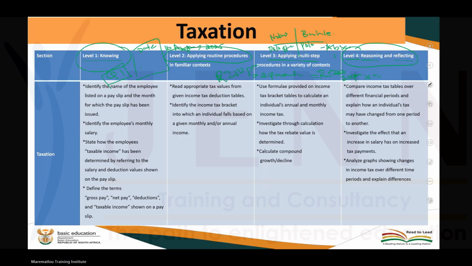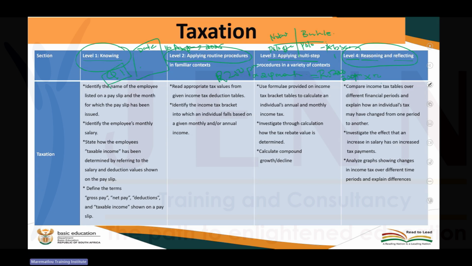Compare, after calculations, which bank is offering the best rate, and how are you going to advise these two people in paying going forward? It means that you do calculations, and after calculations, you have to reason and reflect.